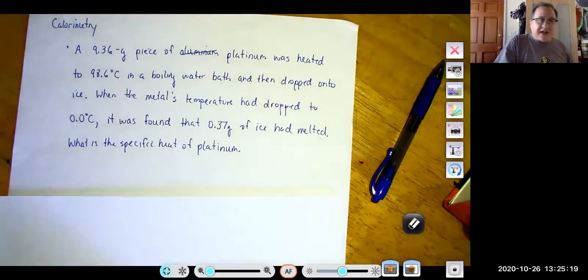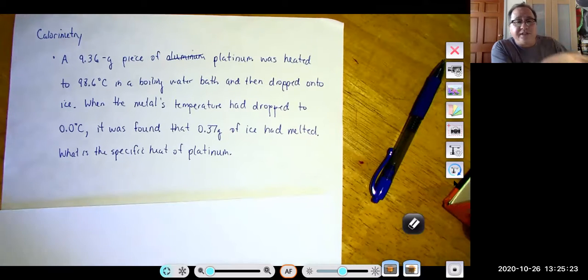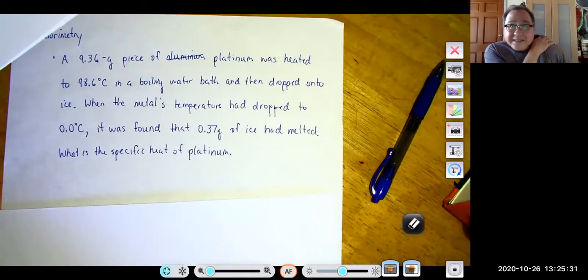All right, this is just another calorimetry problem. But you can see it's a little bit different. Do you guys want to do this? If you want to do this, give me a thumbs up. If you don't, we'll just call it a day. So thumbs up, we do it. Thumbs down, we call it a day.